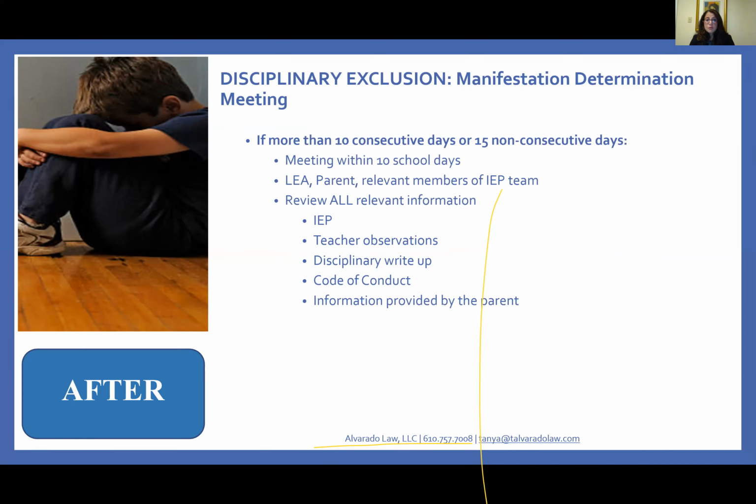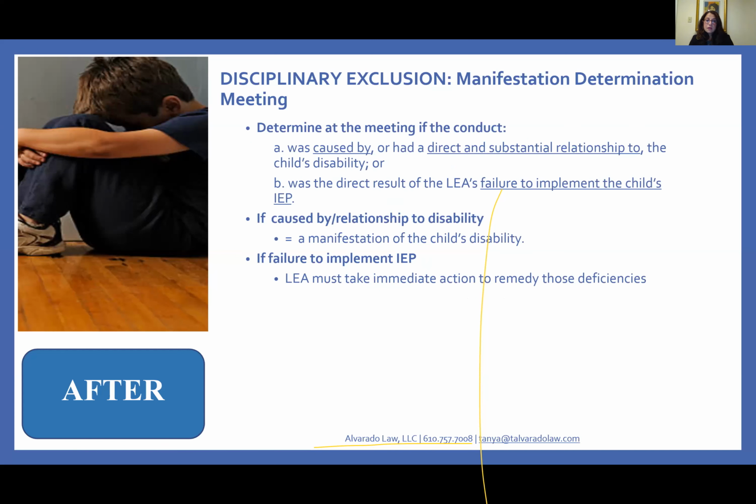That meeting has to occur within 10 school days of that limit. I've listed here the members that have to be at the meeting, the information that has to be reviewed, and what should be talked about during that meeting.